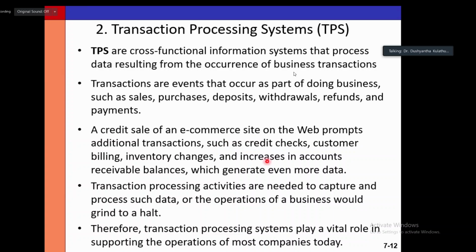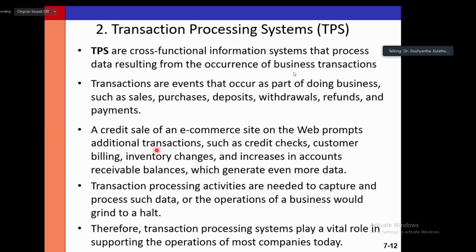So we were referring to credit checks. If you take credit checks, it belongs to which function? Credit checks is basically checking the credit availability for a customer. That is usually done by the accounting and finance function, and customer billing again is basically the accounting and finance function.